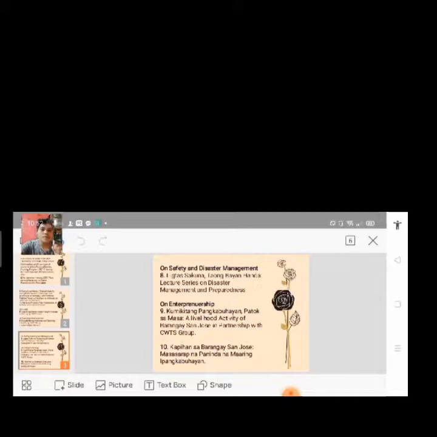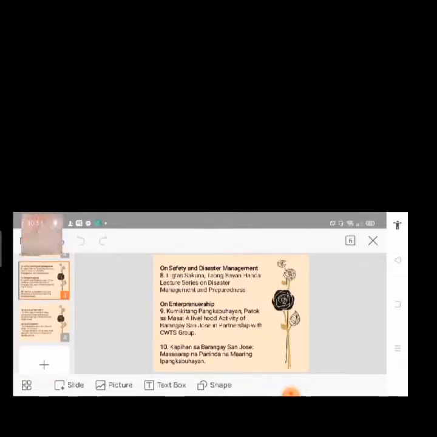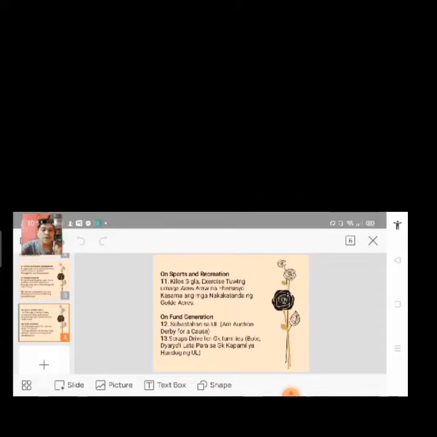On entrepreneurship. Number 9, kumikitang pangkabuhayan patok sa masa, a livelihood activity of Barangay San Jose in partnership with CWTS. Number 10, kapihan sa Barangay San Jose, masasarap na paninda sa maaaring ipangkabuhayan. Next, on sports and recreation.